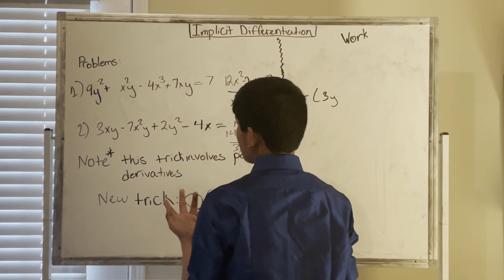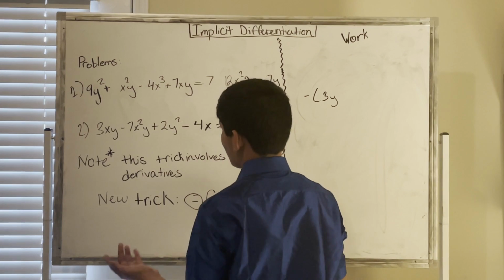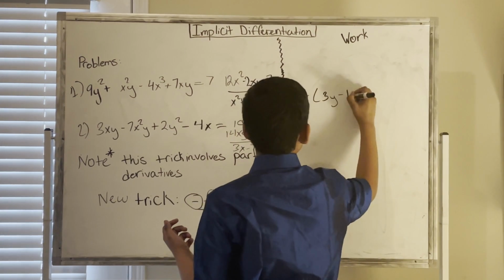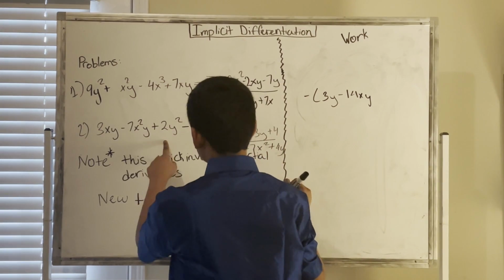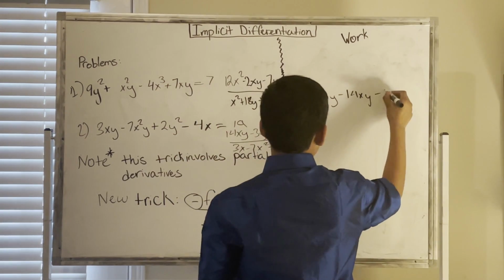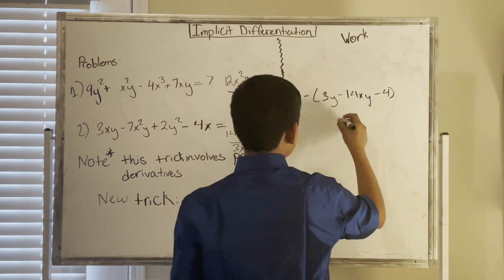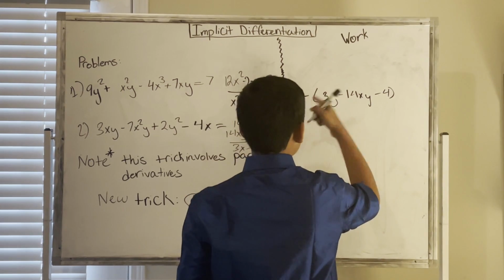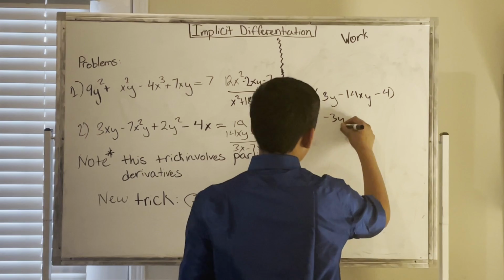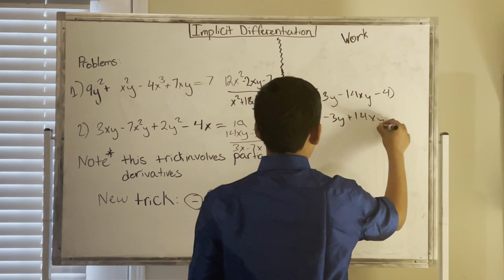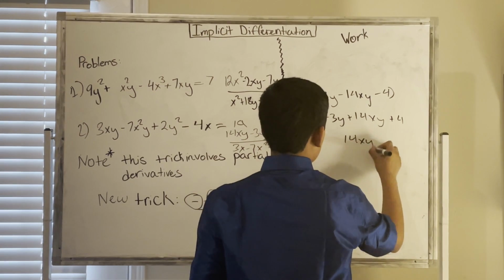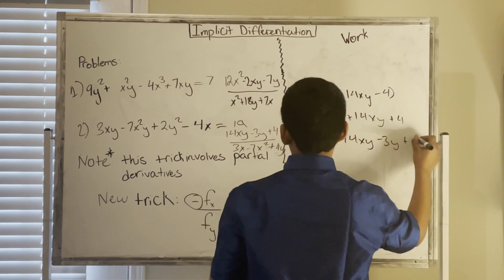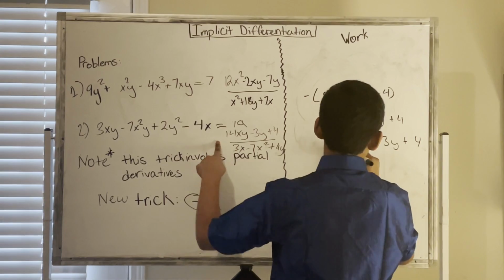This becomes minus 14xy. This becomes 0, and this becomes minus 4. We can rearrange this, and multiply by minus 1 to get minus 3y plus 14xy, and then plus 4, so to get 14xy minus 3y plus 4. So our numerator is correct.